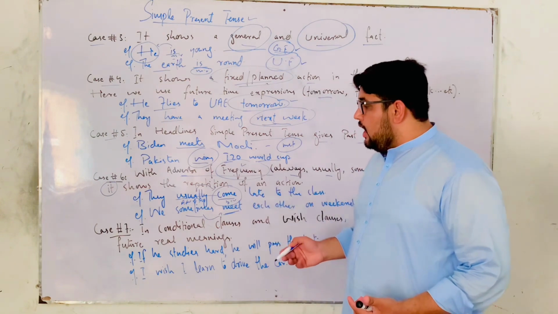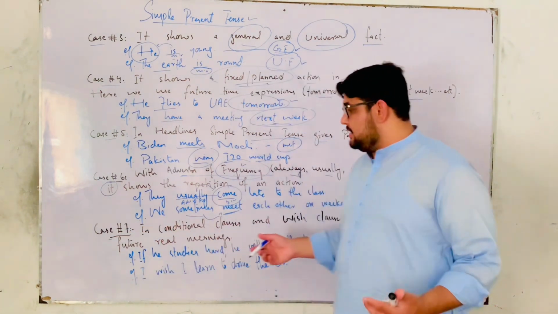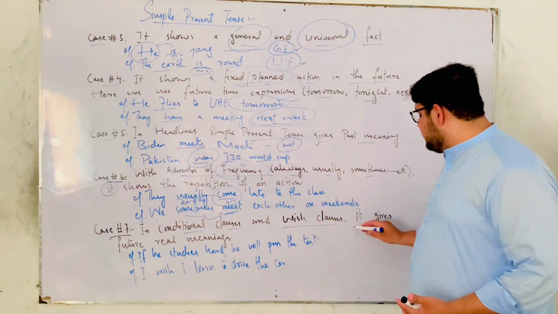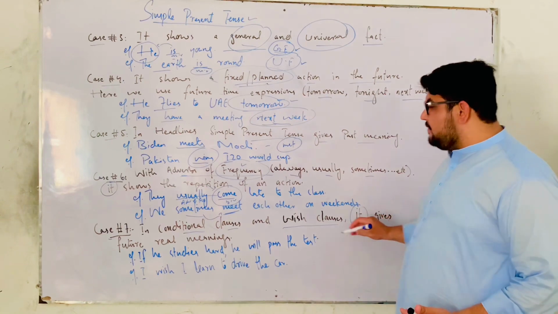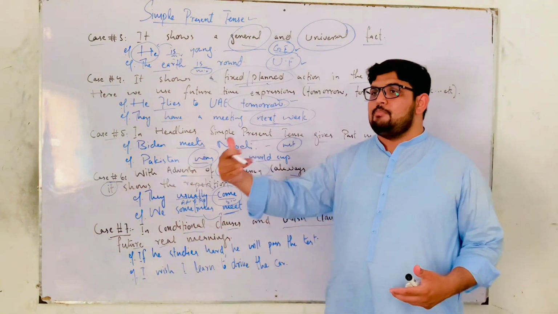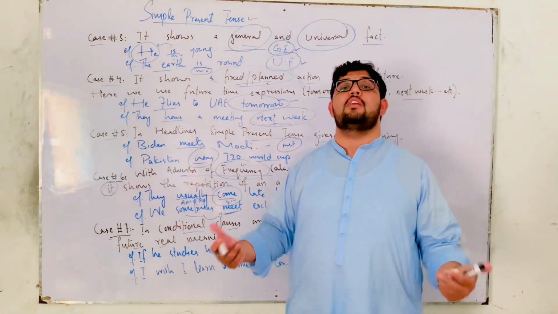Case number 7, the last case or the last usage of simple present tense, is that in conditional clauses and wish clauses, simple present tense gives future real meaning. Whenever we use simple present tense in conditional clauses or in wish clauses, they will give future real meaning.